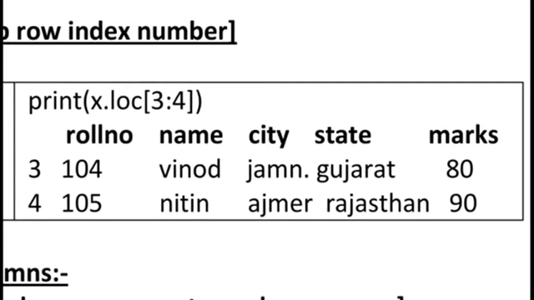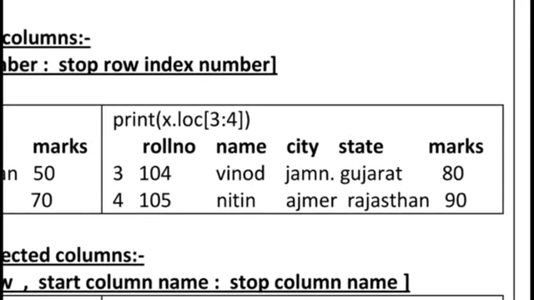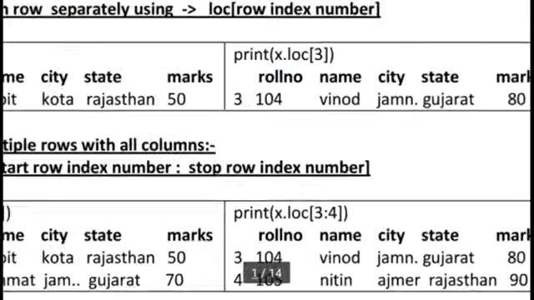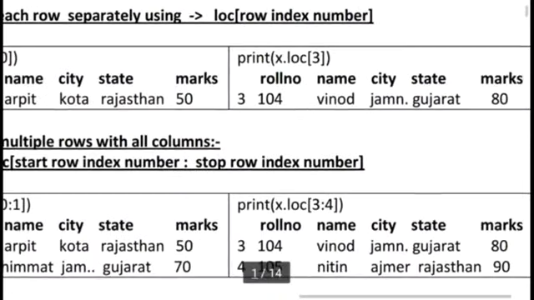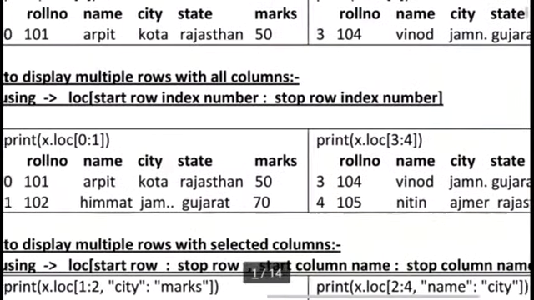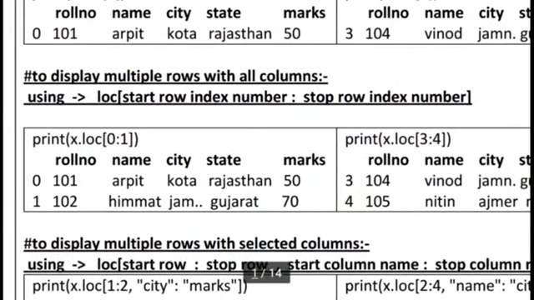So we get 105 Nitin, Ajmer, Rajasthan, and 90. So we accessed only one row, and we accessed multiple rows using start colon stop row index number. So loc has multiple uses: we can use it for one row and for multiple rows, always with start colon stop index value.